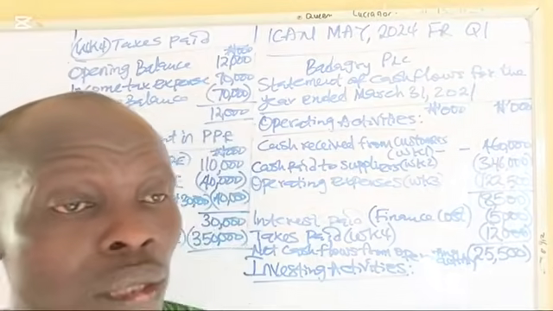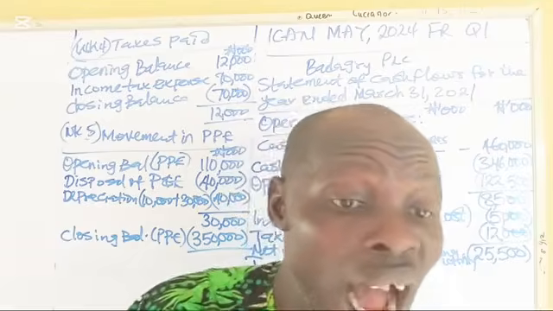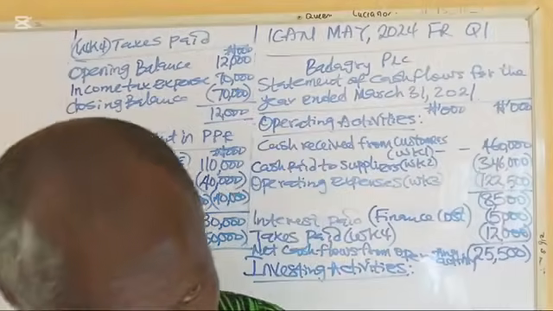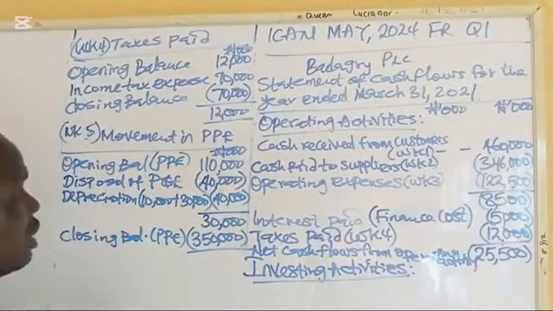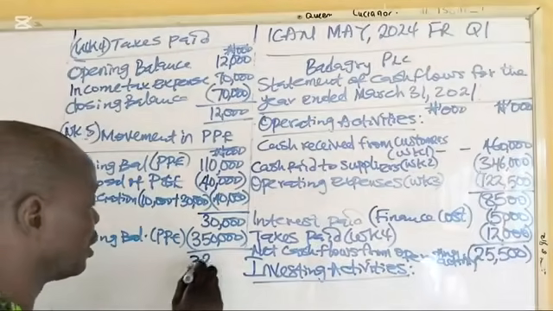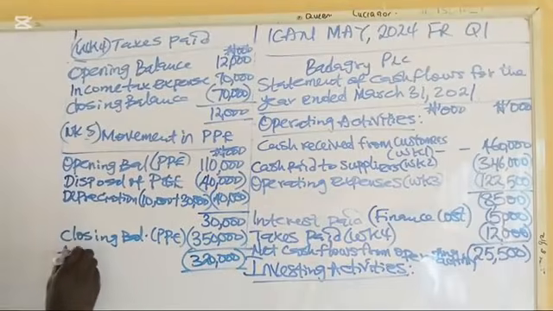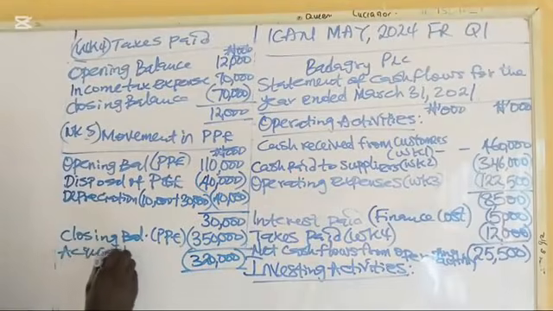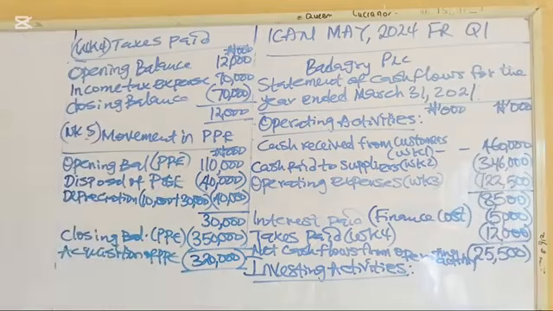So that means certain property was acquired during the period. You have an acquisition of PPE of 320,000. That is what? Acquisition of PPE, which will result in outflows of cash.